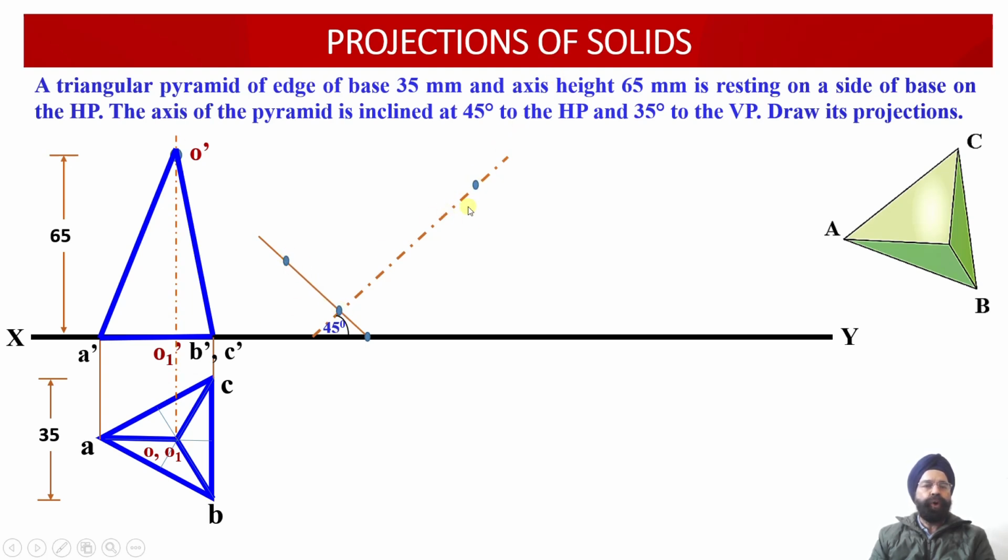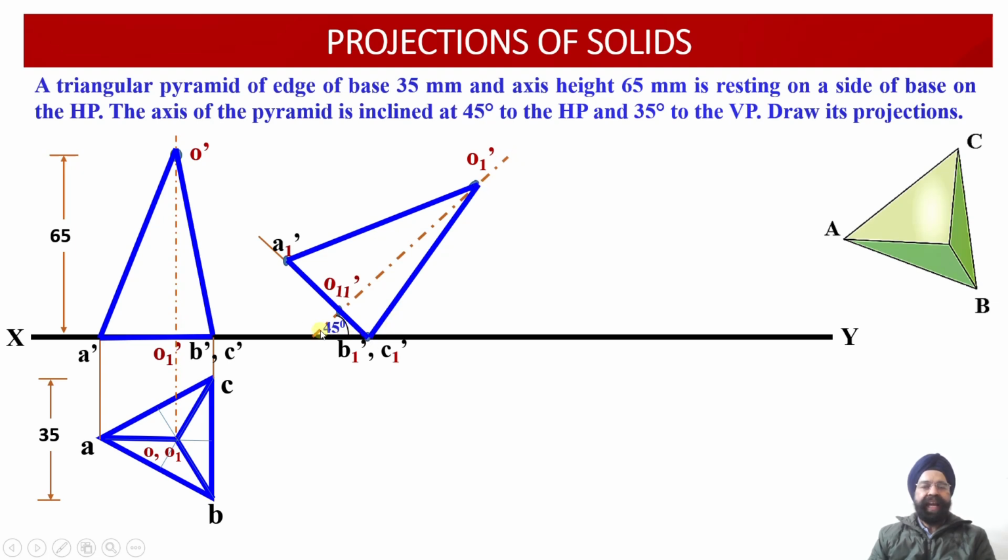So all these 4 points have been appropriately located such that the triangular pyramid will be resting on one of the sides of the base onto the horizontal plane, while the axis of this triangular pyramid happens to be inclined with respect to the horizontal plane at an angle of 45 degree.